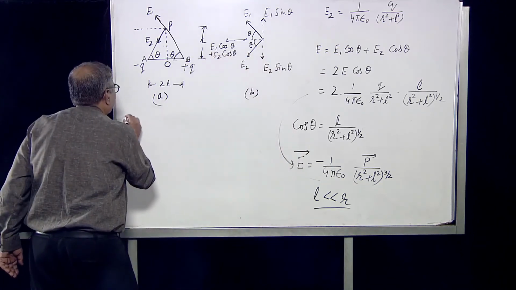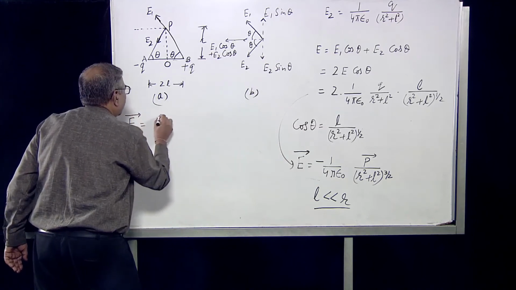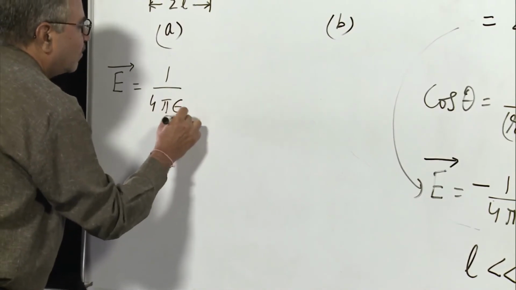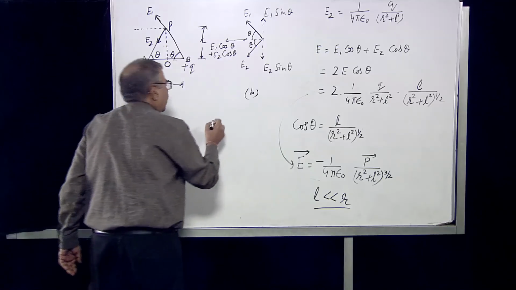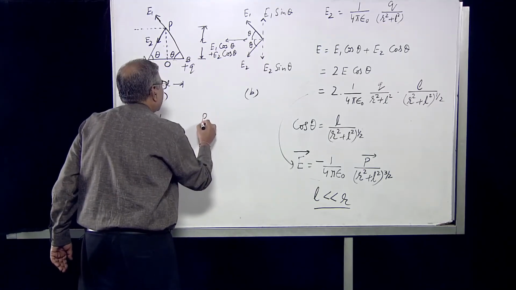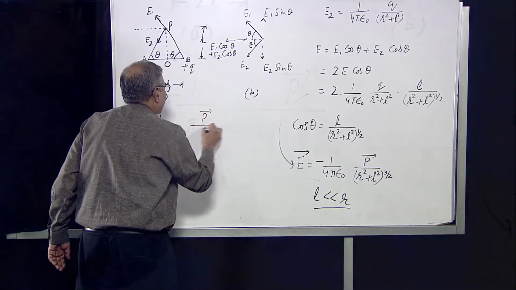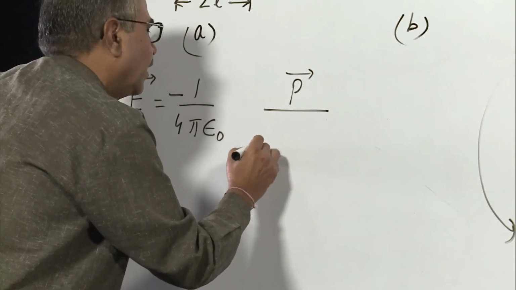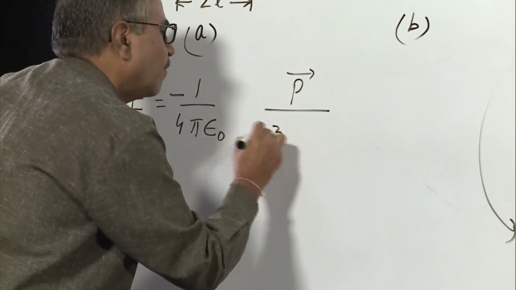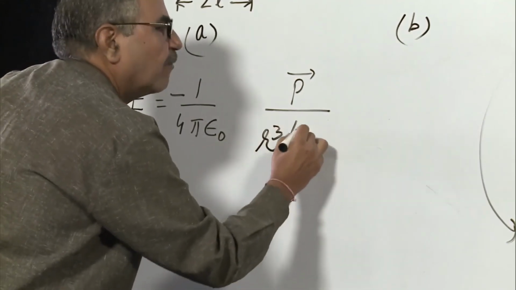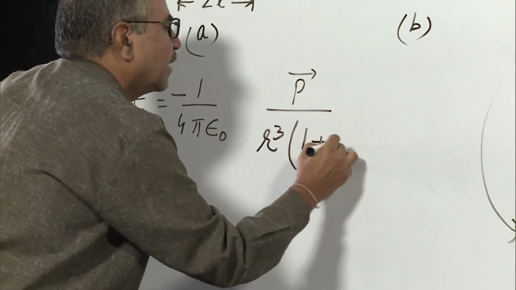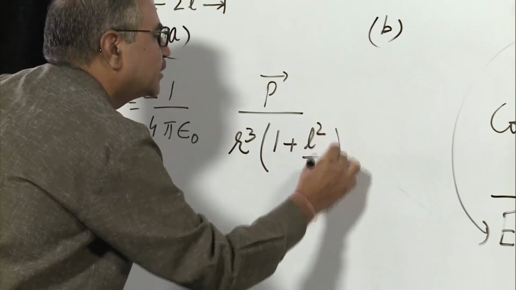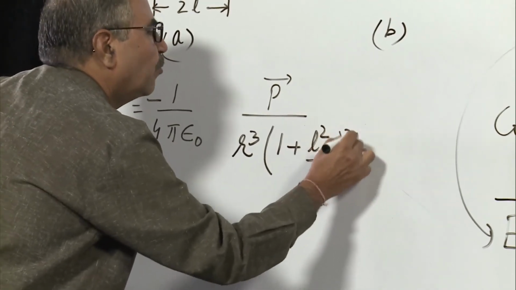The expression for electric field E will be 1 upon 4 pi epsilon naught, p upon, dividing and multiplying by r square, so it will be r cube, 1 plus L square upon r square raised to power 3 by 2.